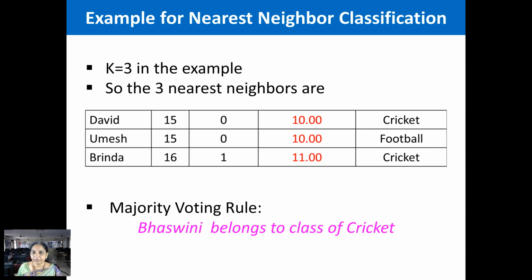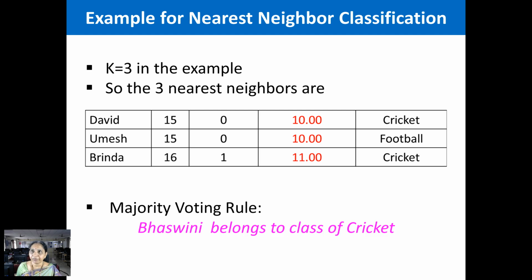Our task is to identify the sport liked by Baswini based on the three nearest neighbors. Because this is a classification task, we need to apply the majority voting rule. Here two persons like cricket and one person likes football, so as per the majority voting method, the sport liked by Baswini is cricket.